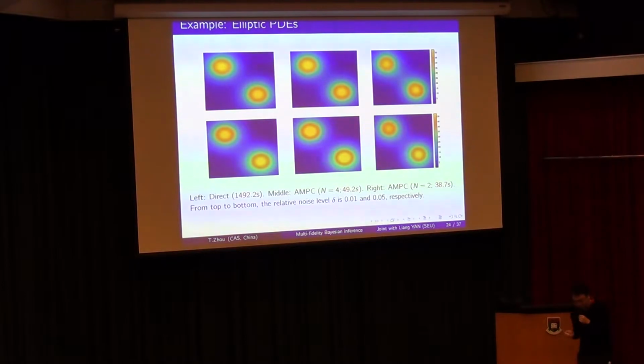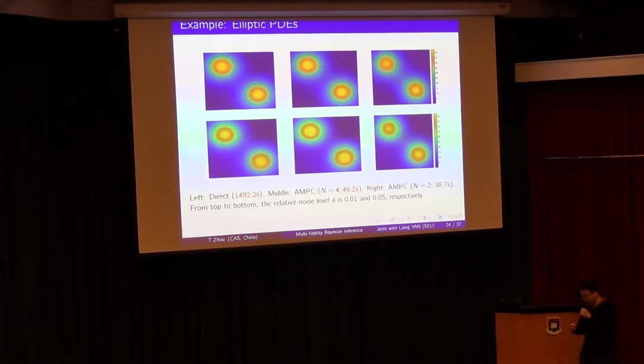Again, let's see the similar results for the similar example, where now we use the adaptive multi-fidelity surrogate model. You can see that if you use a polynomial order of only 4, then you can get very accurate results with less CPU time compared to the previous results.